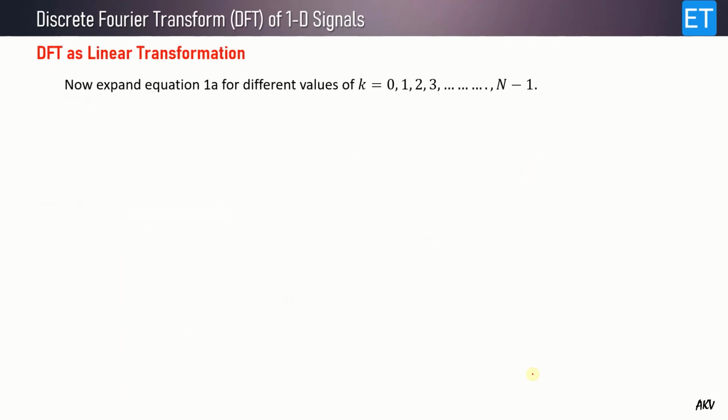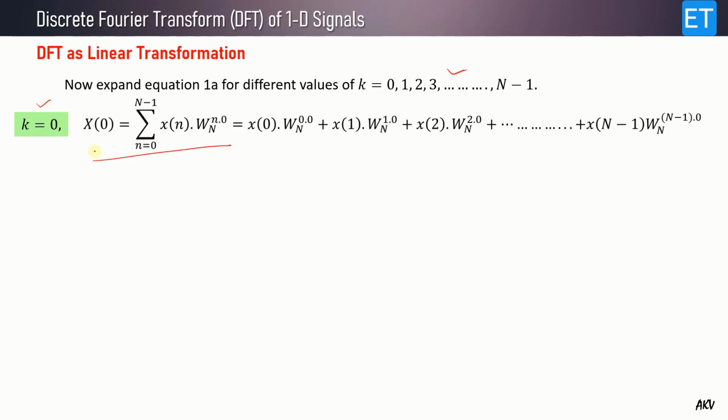And now we will expand this equation 1 for different values of k. So let me first put k equal to 0. When k equal to 0, my equation becomes this. So this is X[0], sigma n equal to 0 to N minus 1 of x[n] W_N^nk. Since k is 0, this is n into 0. Now I will expand n.